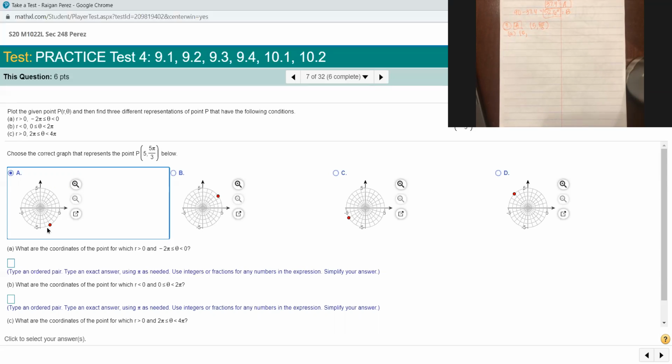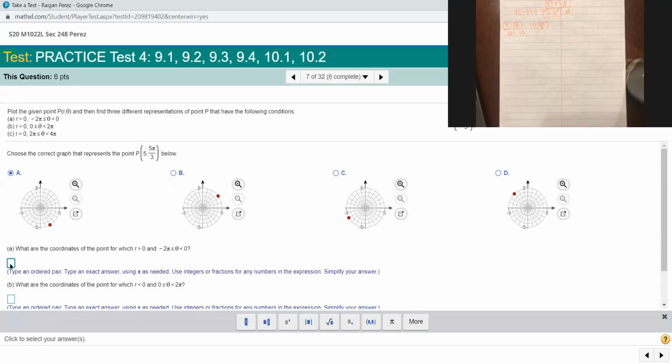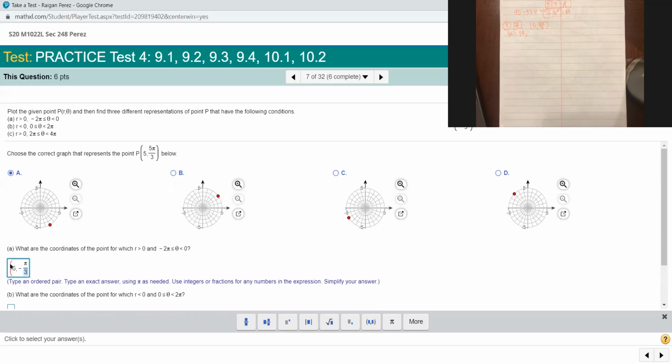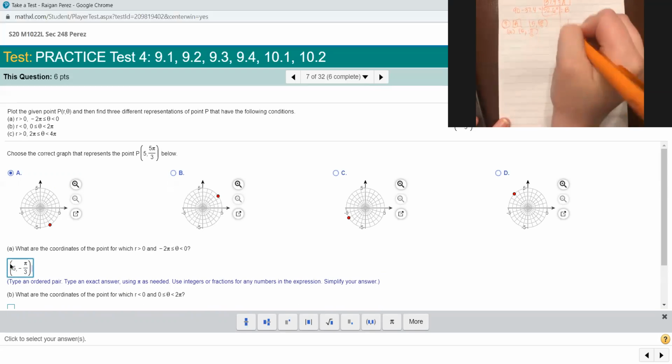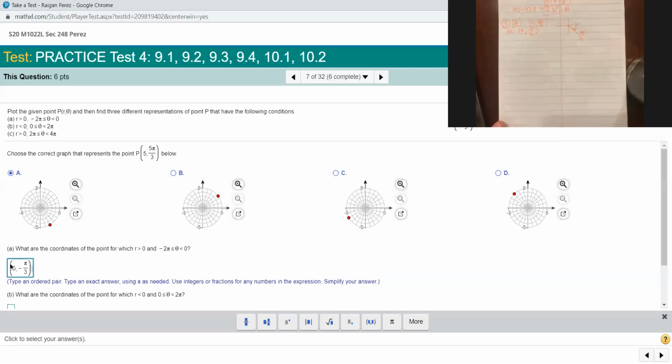That would be negative pi over 3 if it went this way. So right here, I have 5 and, oh, what am I doing? Negative pi over 3. Because that's literally just counting down, negative pi over 3. Okay, scrolling. I'm going to go ahead and move this up.